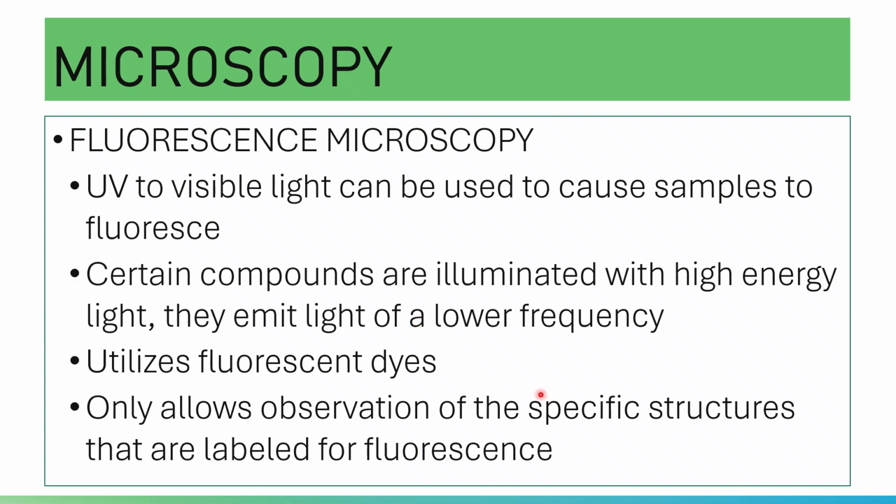So what happens there? There are actually emission filters that will block the excitation light so that only the fluorescent signal reaches the eye or the camera. For the appearance, the image that you will see is a brightly glowing structure.